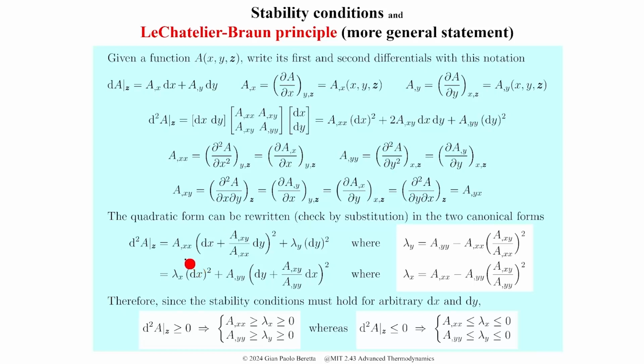But let's try to rewrite this quadratic form into a form in which you have something squared plus dy squared. So a combination of dx and dy, a proper combination. If you choose a proper combination of dx and dy, and this is the proper combination, I already built in the answer, so if you want to check it, you just substitute. If you take this expression and work it out, you will prove to yourself that it's equivalent to that one.